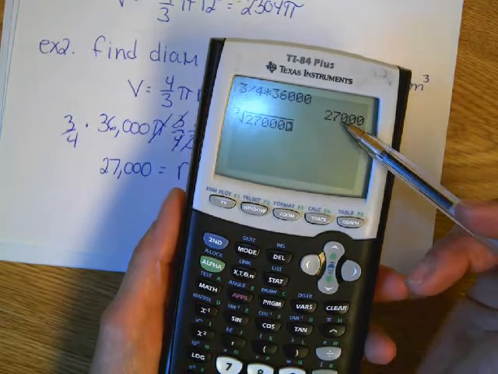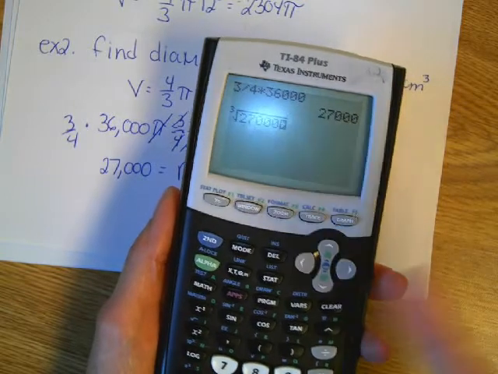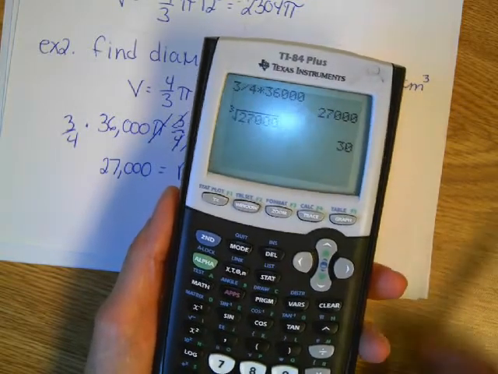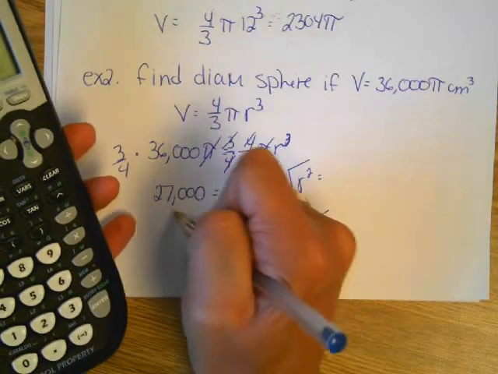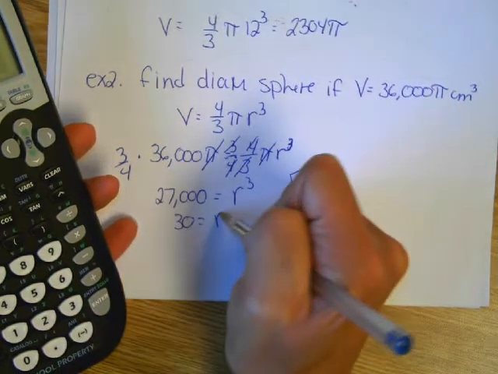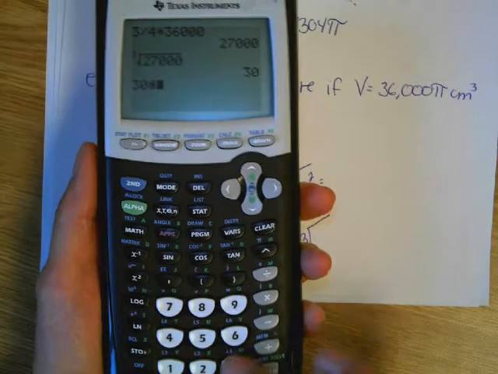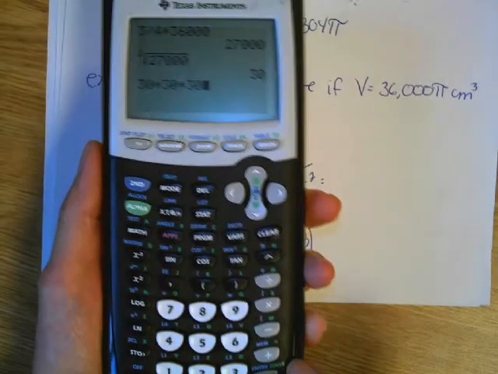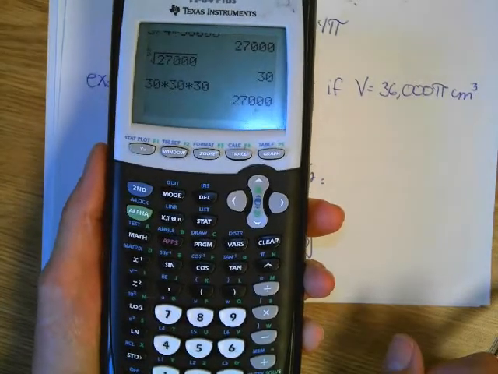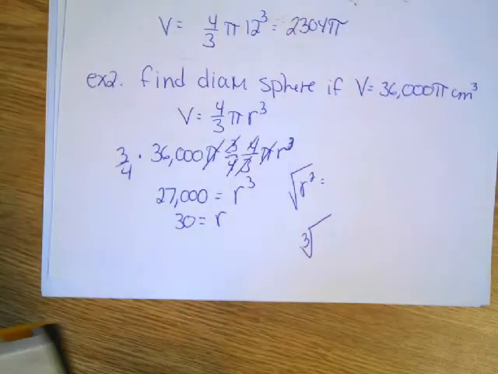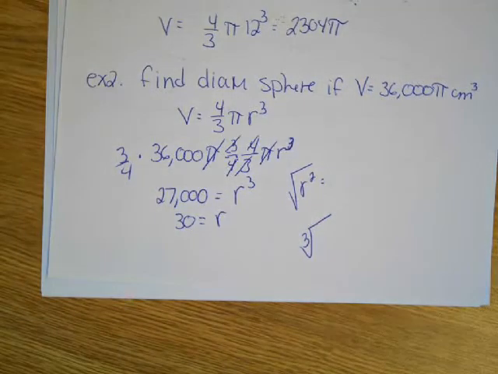Some of you have to put the number in and then do the cube root. It's all in how your calculator works. So I get 30. So that means if I do 30 times 30 times 30, I'm going to get that 27,000 back. Because when you cube root, you're asking what number times itself 3 times gives you that.